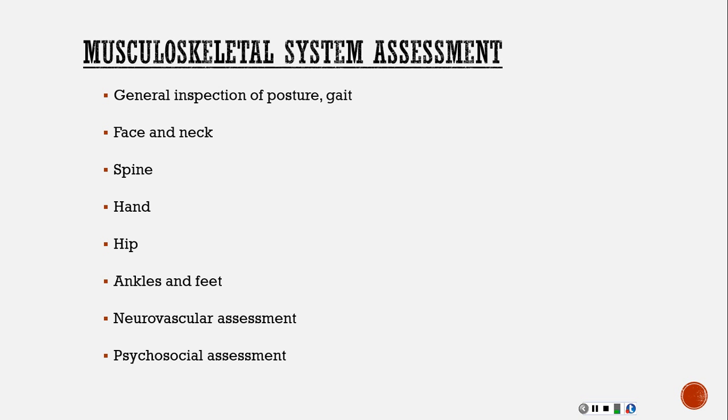And then this final psychosocial assessment. Why is that important when dealing with the musculoskeletal system? I mean, we're dealing with bones. Why don't we want to deal with the brain? Let's say I walked in and told you this is the last day you're ever going to be able to walk.